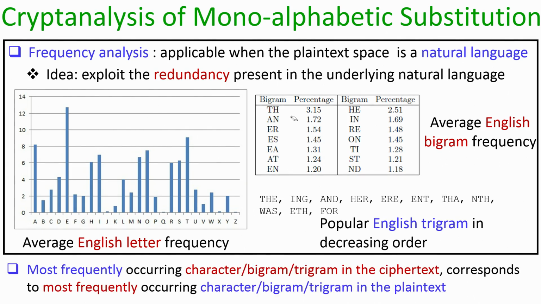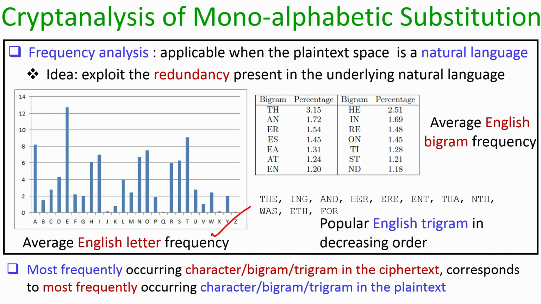So, the idea behind the frequency analysis is that even though each character of the plaintext got mapped to a different ciphertext character, the relationship between the most frequently occurring ciphertext character and the plaintext character is preserved. That means, if the attacker sees an enormously long ciphertext corresponding to the encryption of enormously long English plaintext, then the adversary can prepare a chart similar to the chart of average English letter frequency, which will tell him which ciphertext character is occurring most frequently compared to other ciphertext characters, and so on.